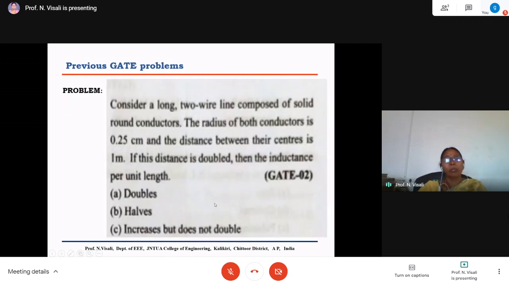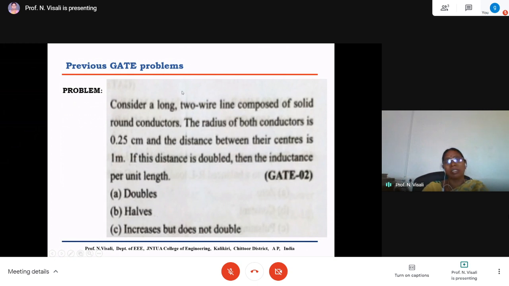Then another problem, asked in GATE 2002: consider a long two-wire line composed of solid round conductors. The radius of both conductors is 0.25 centimeters and the distance between their centers is 1 meter. If this distance is doubled, then the inductance per unit length.